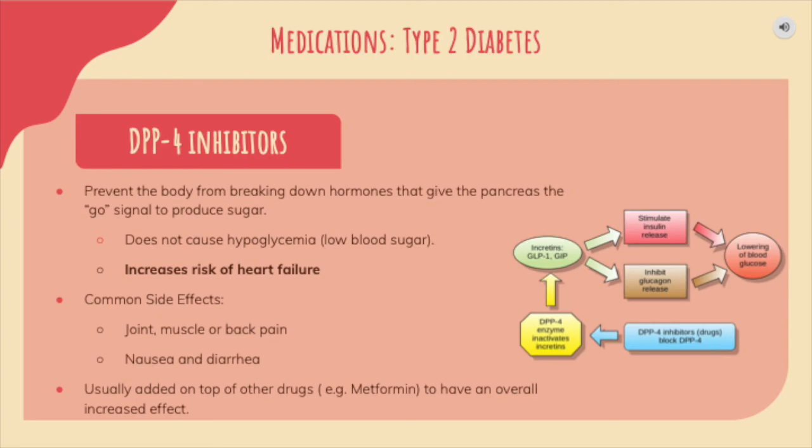Usually these are added on top of other drugs like metformin to have an overall increased effect. So they're not usually taken by themselves, but they work in conjunction with other diabetes medications. These medications do help reduce blood sugar levels, but they tend to have a very modest effect. They don't cause weight gain, but they may cause joint pain and increase your risk of pancreatitis.